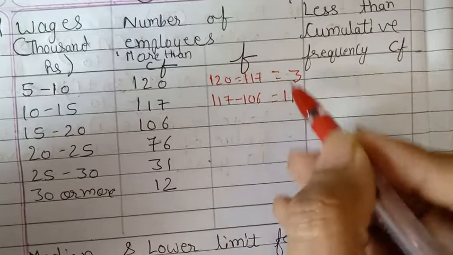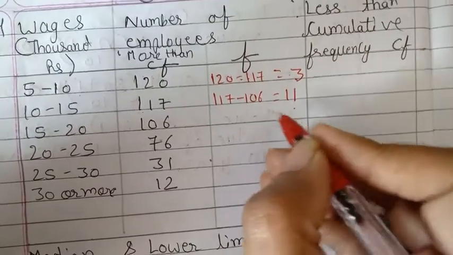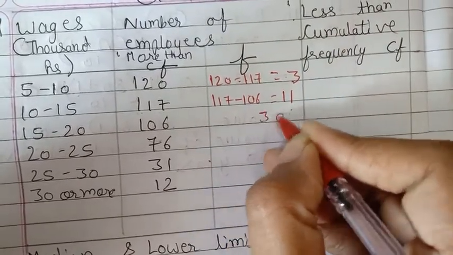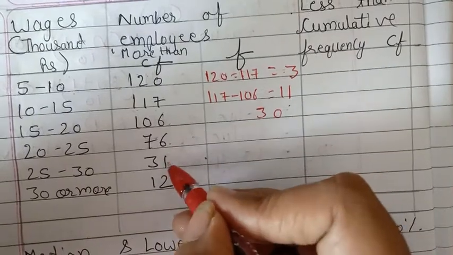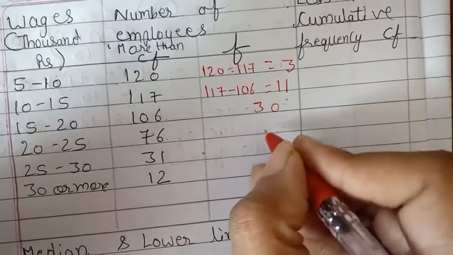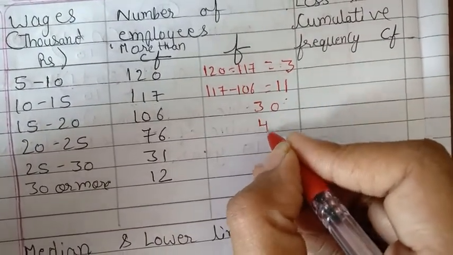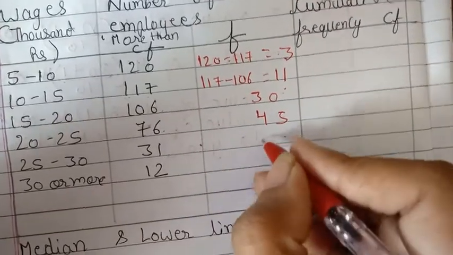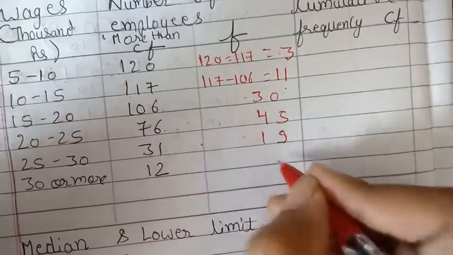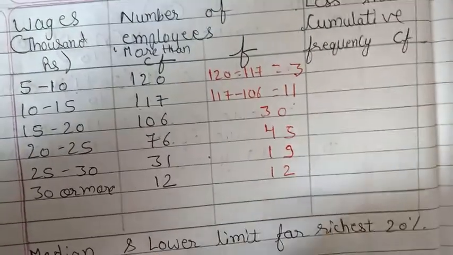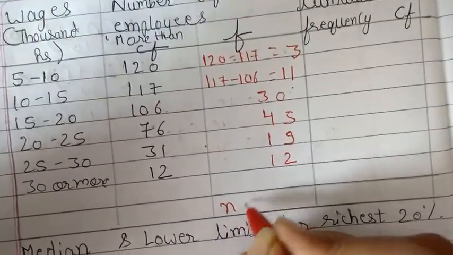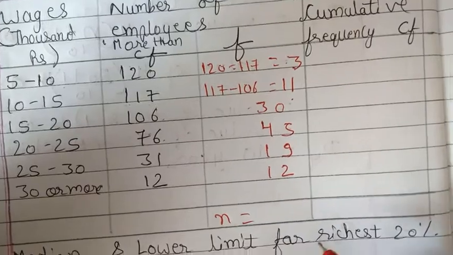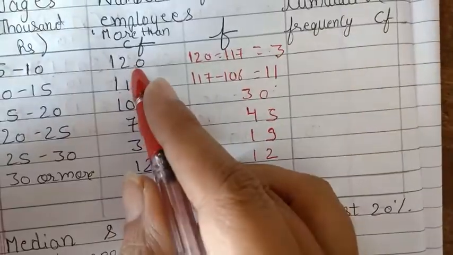So our frequency will come 3, then 11, then 30, then 76 minus 31, so it will give 45. Then 31 minus 12, 19 and 12. Now we have to do total of this, so we will find out our N. So N is 120.